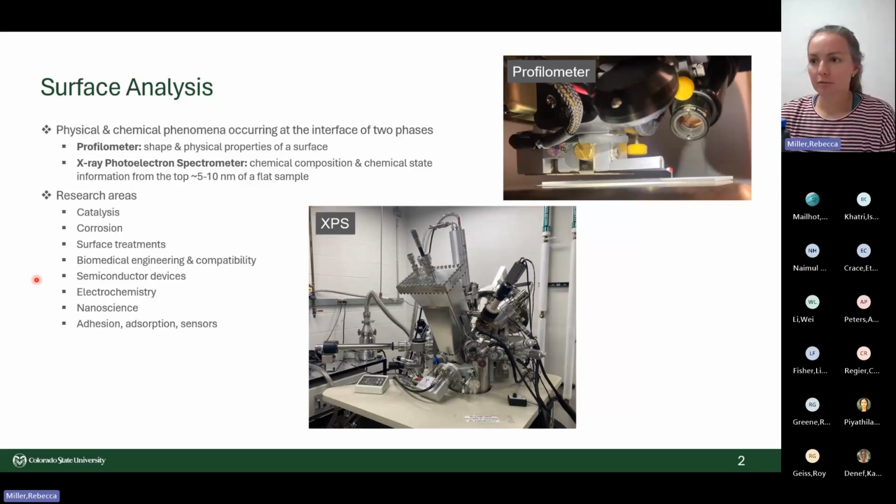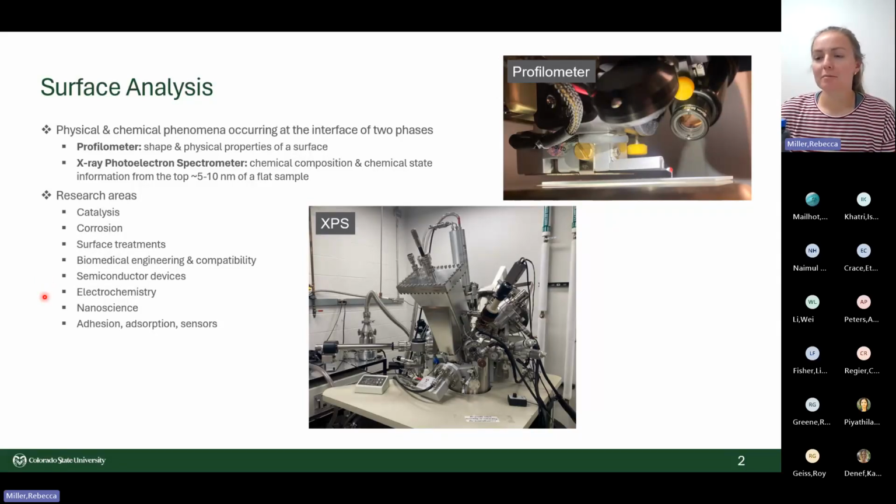We have some groups at CSU who do biomedical engineering, and so they're often looking to see whether some treatment that they've done worked, or whether their surfaces are compatible in various situations. And then we have some groups studying photovoltaics and semiconductor devices, and they're really interested in the composition of their thin film surfaces.